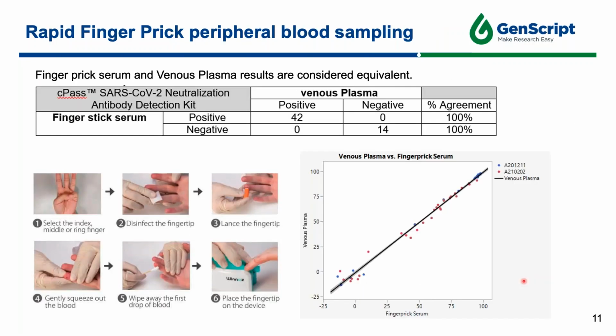For the blood collection to run the test, because we only require a very small amount of sample, we can use either finger prick or venipuncture to collect the blood sample. Here we also show 100% agreement for the two methods.